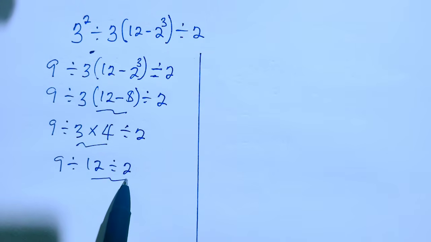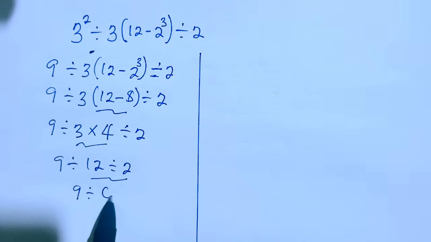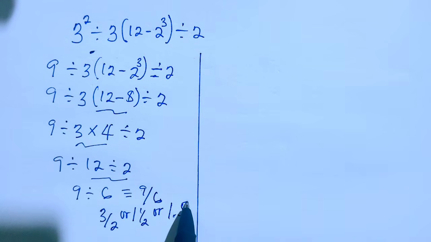And they consider this part here, 12 divided by 2, that gives 6, and the expression becomes 9 divided by 6. This can also be expressed as 9 all over 6. Now if you reduce the numerator and the denominator by 3, they have 3 all over 2, or 1 and 1 over 2 in mixed fraction, or 1.5 in decimal.